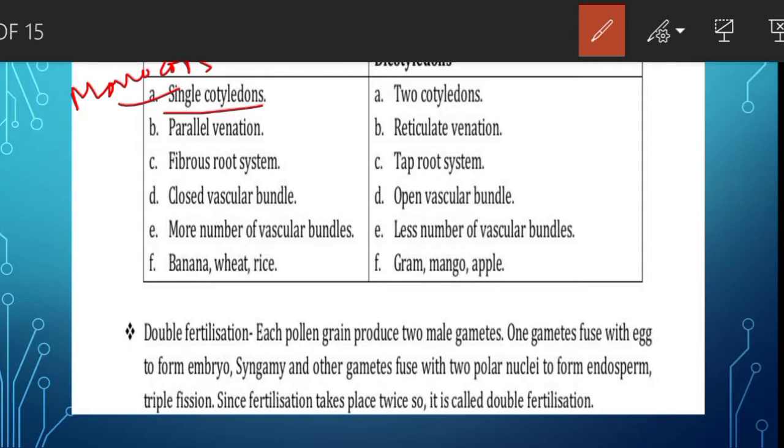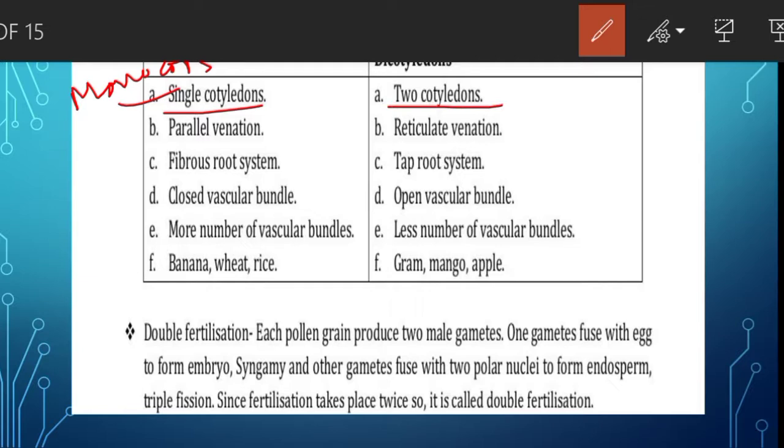Cotyledons are the food storing structures, which store the reserve food material in the seeds. So monocotyledons have only one cotyledon, and dicotyledons have two cotyledons.